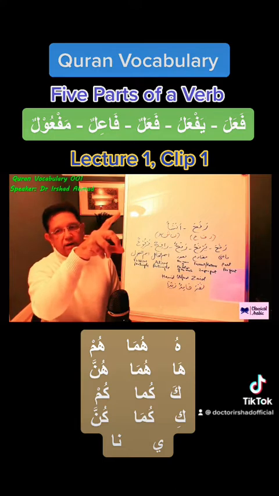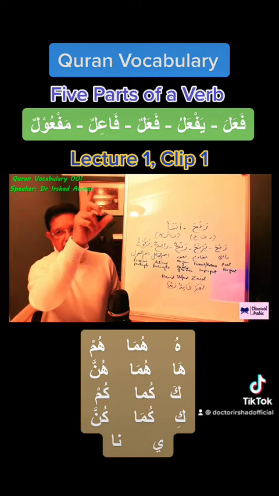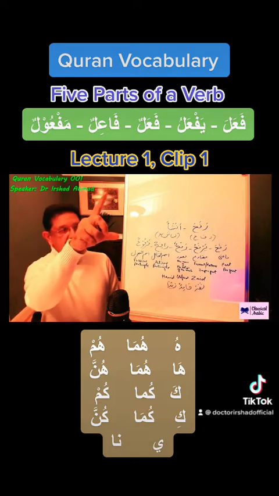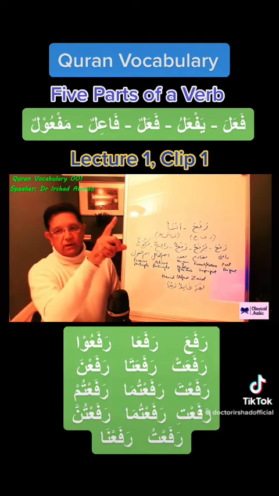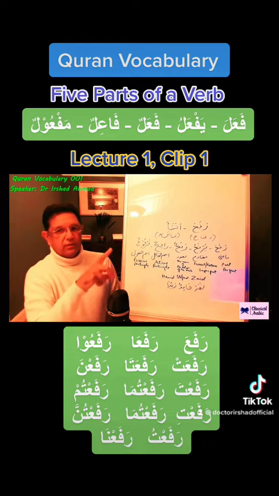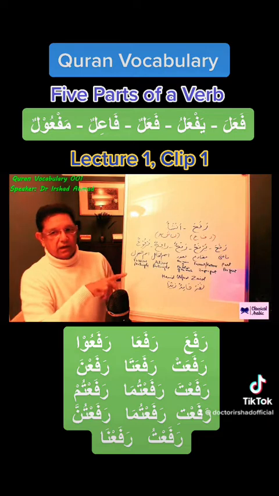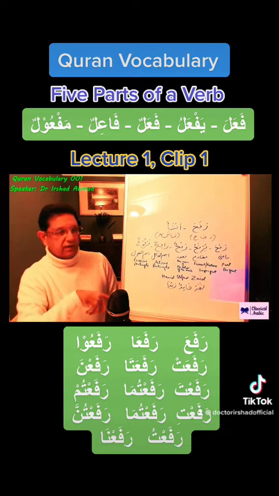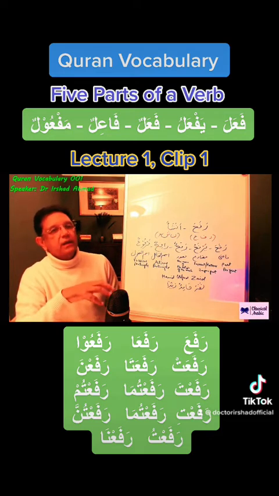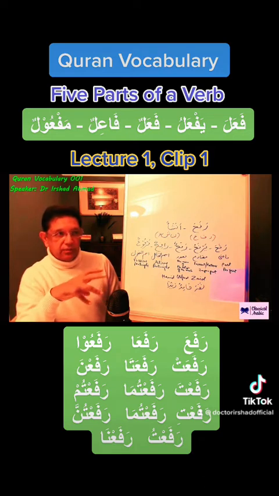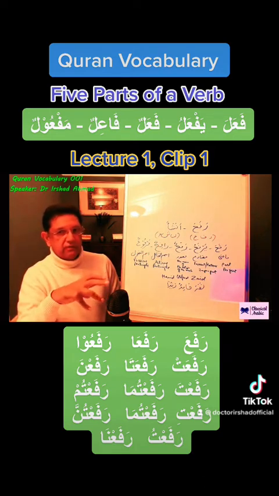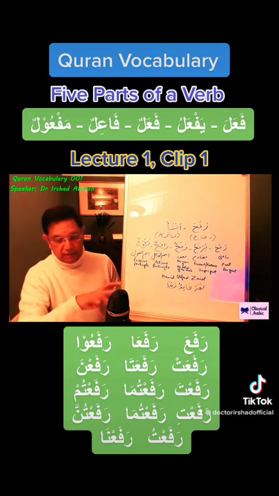So rafa'a will be the first form of the verb at the place of huwa. So rafa'a, rafa'u, rafa'at, rafa'ata, rafa'tuma, rafa'tum, rafa'ti, rafa'tuma, rafa'tunna, rafa'tu, rafa'na. Our aim is not to conjugate verbs here, but just to remind you of the 14 conjugation forms of a verb which go along with those 14 dhamir.